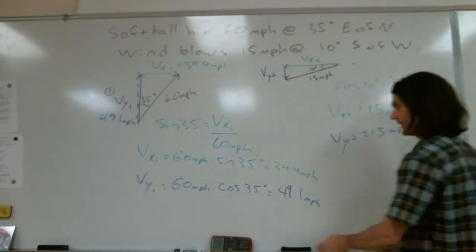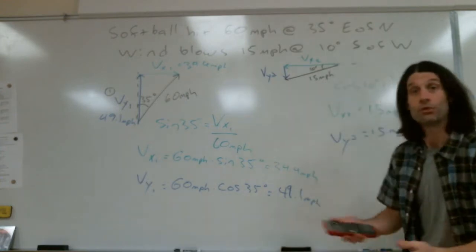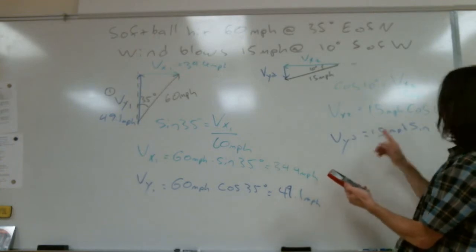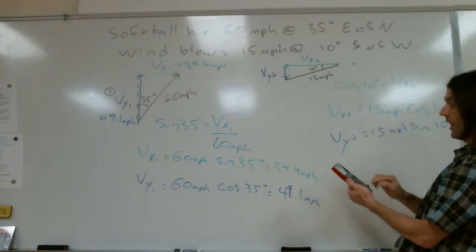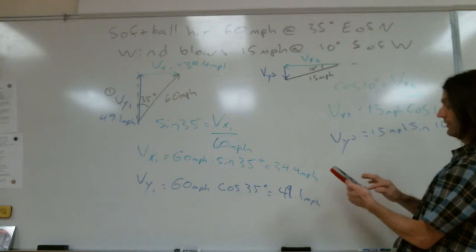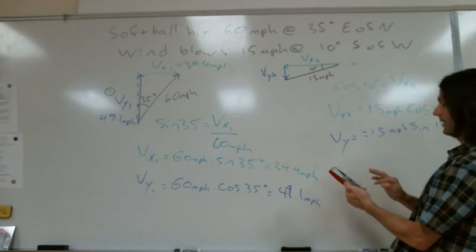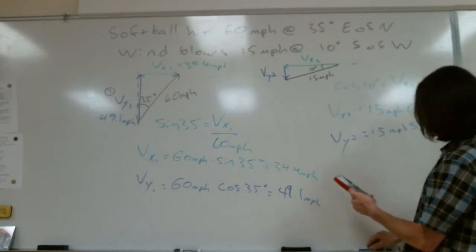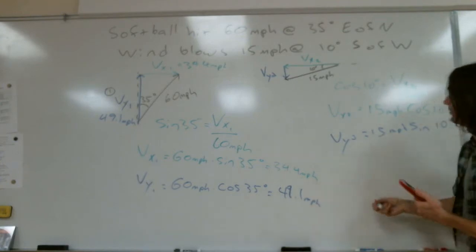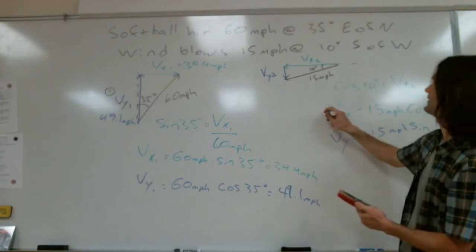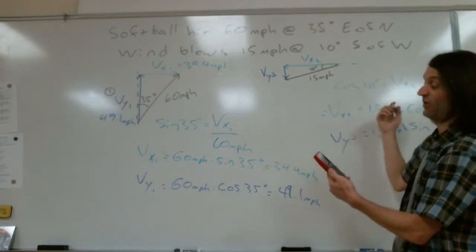So now again, we're ready to just push buttons. It's that simple. So I'm going to take 15 times the cos 10, boom, get a number, and then 15 times the sine of 10 and get another number. All right, so the Vx2, 15 cos 10 degrees, ended up being 14.8.